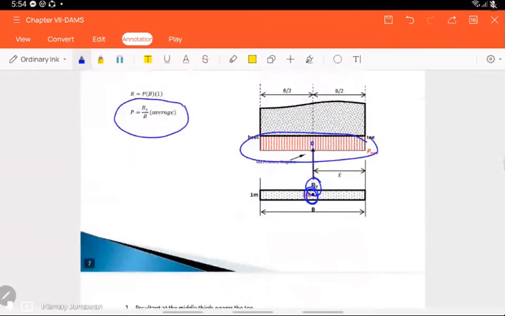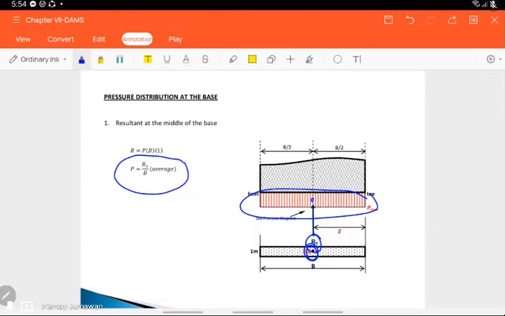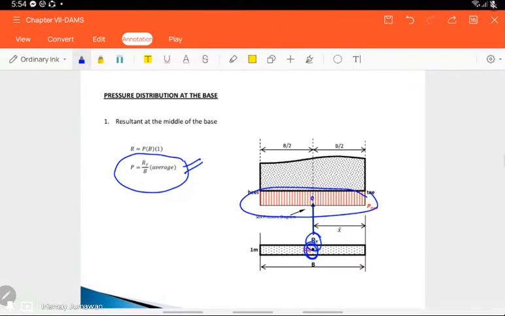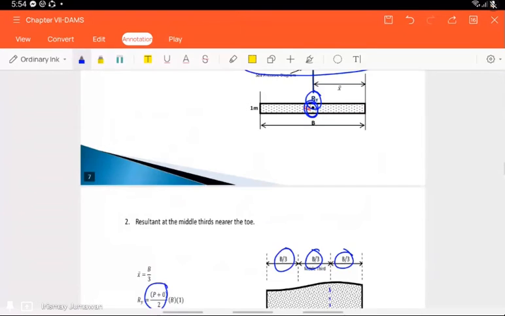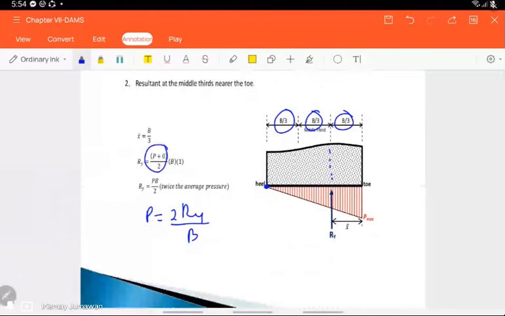Because your pressure is Ry over B if uniformly distributed. So if it is at the middle third, the pressure is twice that of the uniformly distributed, if the location of your Ry is at the middle third.